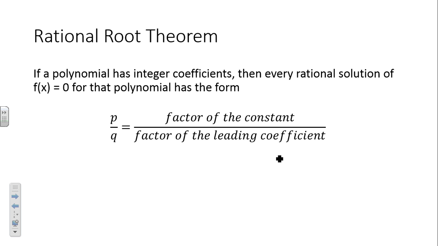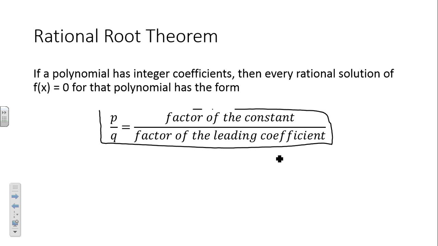And you have some room maybe in the bottom or what have you. Don't worry about the formal presentation. Just remember this. Try to not get into too much math speak here. But a factor of the constant over a factor of the leading coefficient is what those zeros have to be if they're going to be a rational zero.